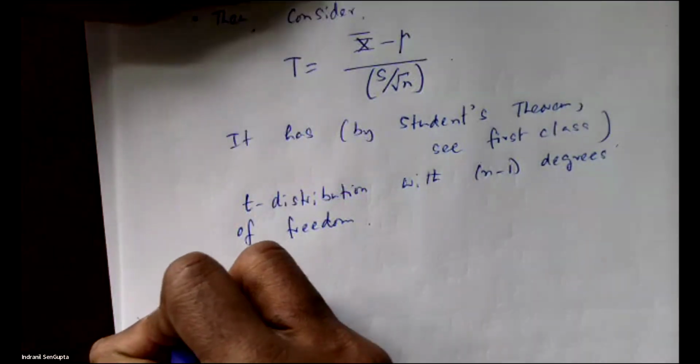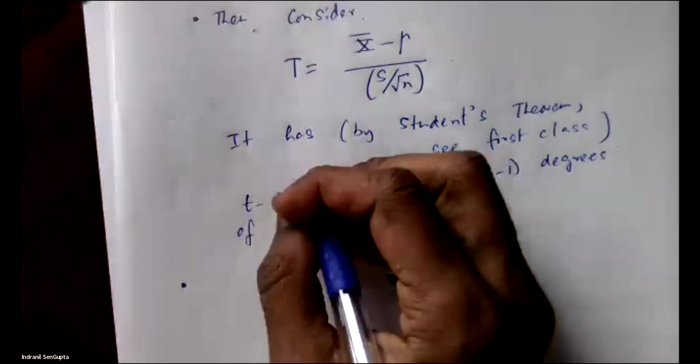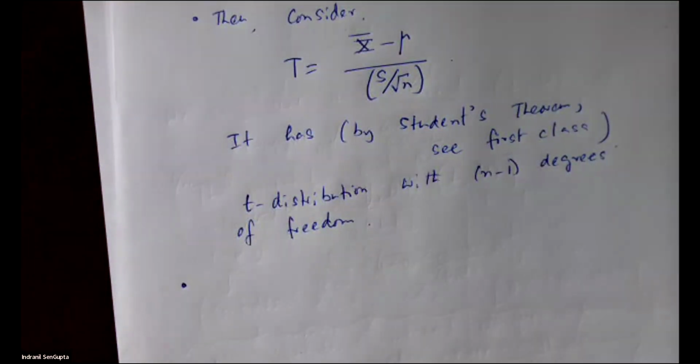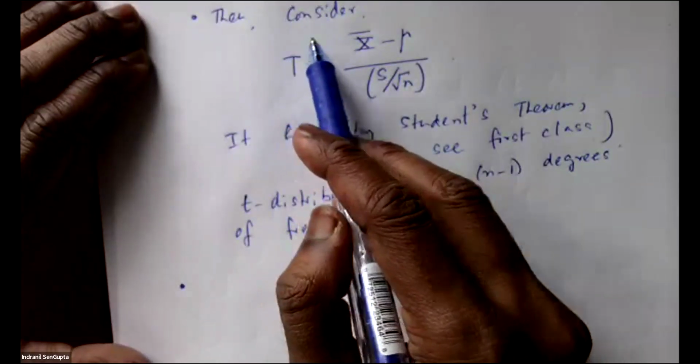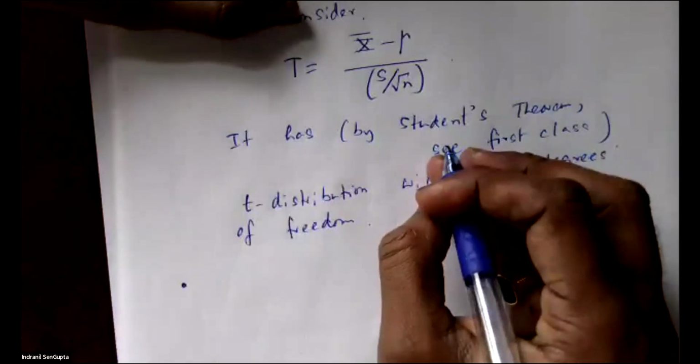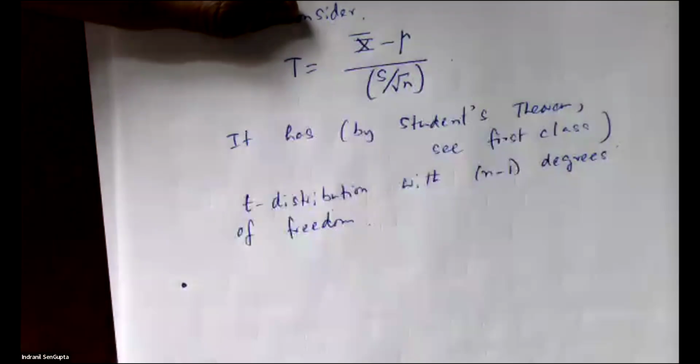So this is the setup: we have a sample, and we are constructing the random variable T, which we'll be playing with.